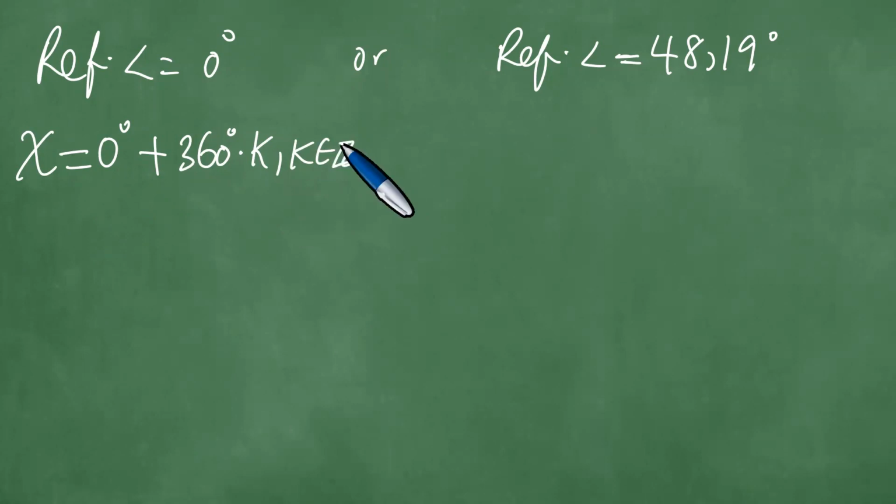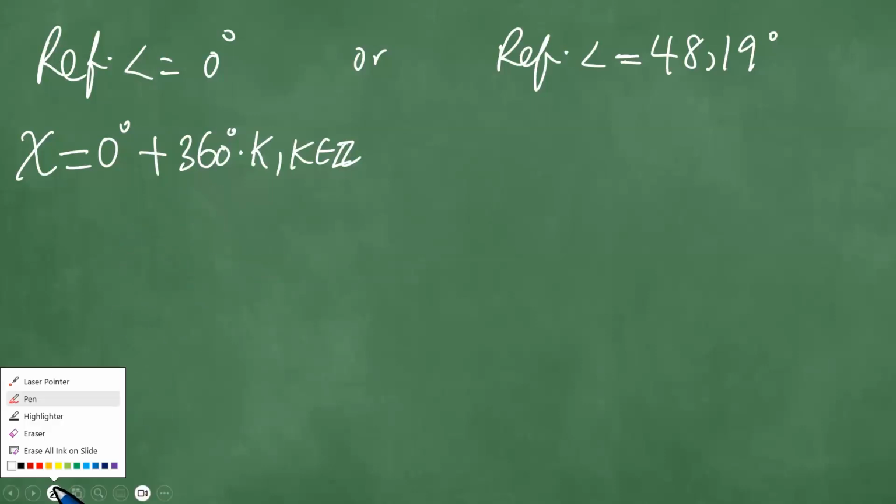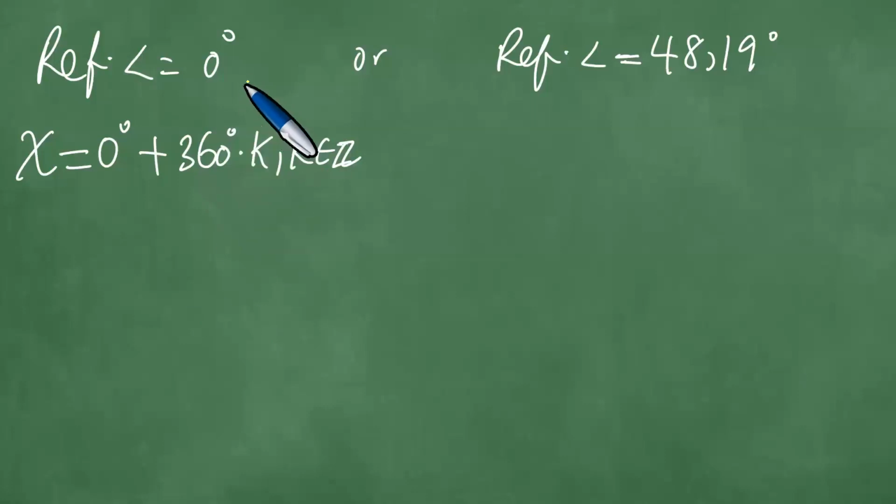Okay, we add the multiples of 360 because we're dealing with the sine function whose period is 360. Okay, because remember that the equation is sine x equals 0, like this. So first and foremost, we're going to say the reference angle plus multiples of 360.